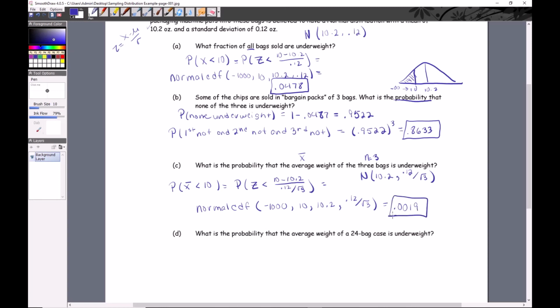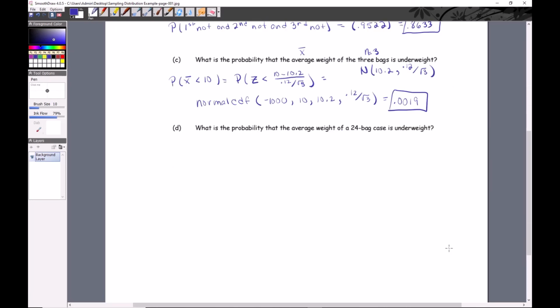Now the last one: what is the probability that the average weight of a 24 bag case, so average again is X bar, n equals 24. This is an even bigger sample size. Probability again that X bar is less than 10.